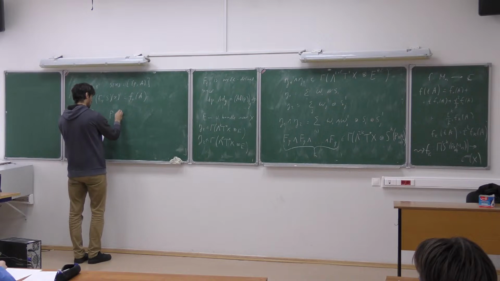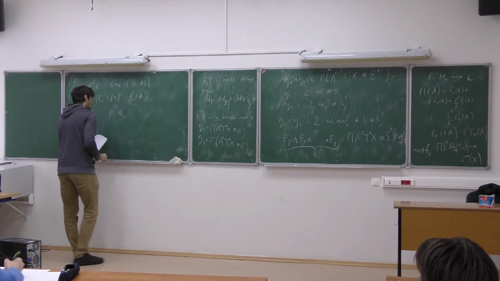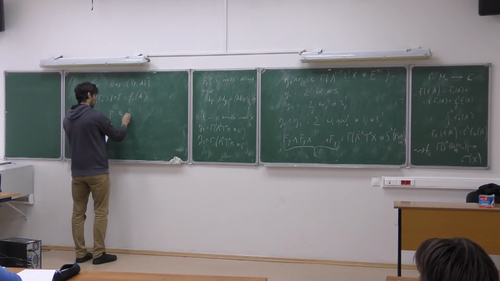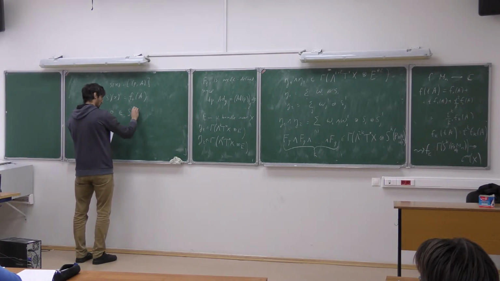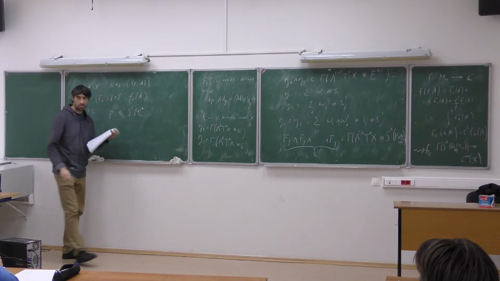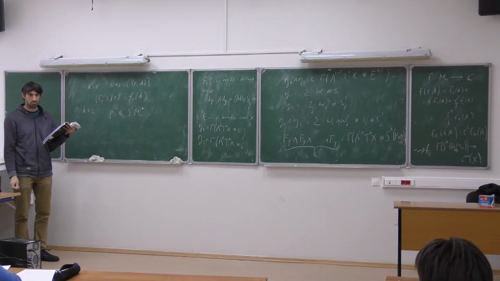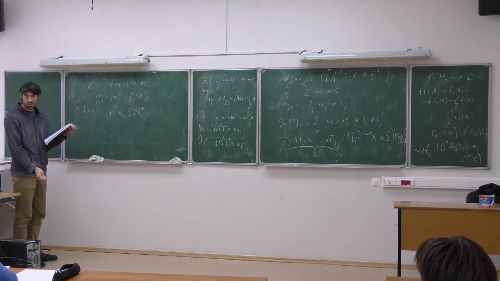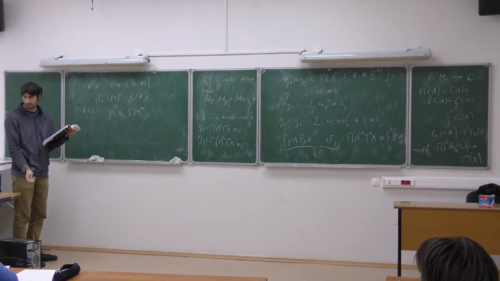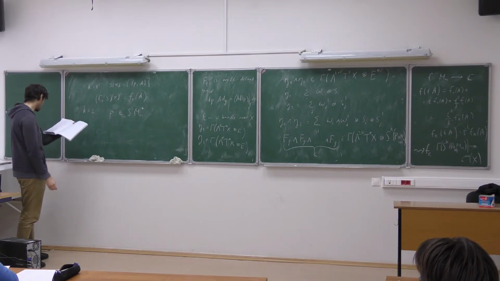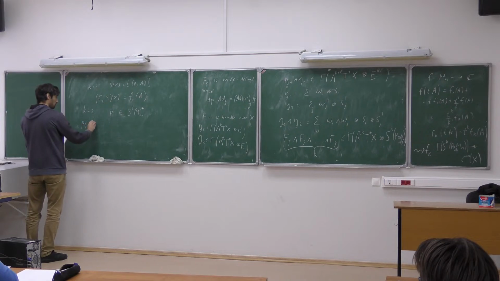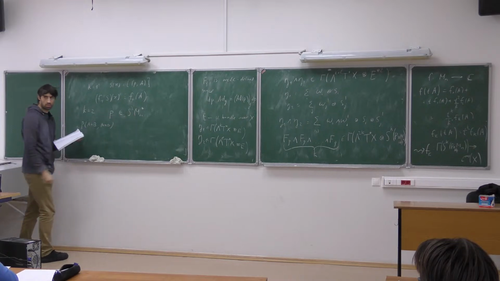Namely, suppose that I have P from S2 of Mn star. It's just a symmetric polynomial of degree 2 on Mn. Then I can write the following. I can write P of A plus B, so it has 2 entries because of S2.